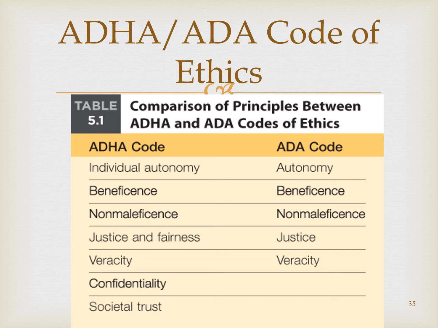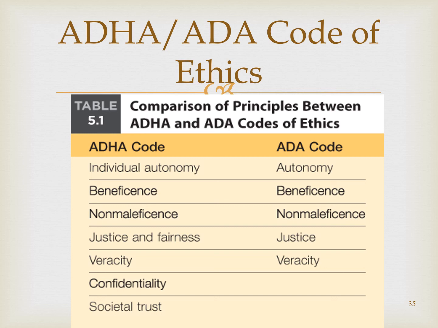The ADHA code and the ADA code. We believe that there's 7. They believe in the same first 5. You can see that these are autonomy, beneficence, non-maleficence, justice, and veracity. But the Hygienist Association, we believe that in our principles, we add confidentiality and social trust, and they do not.